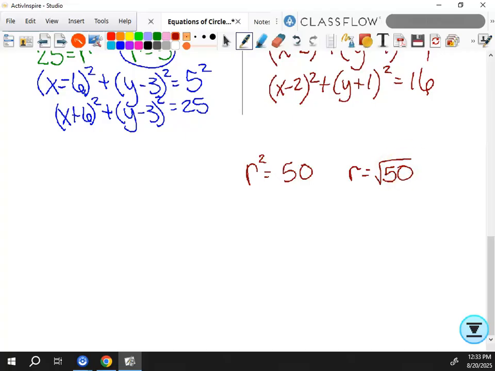Now, can I simplify that? Yes. But do I need to? No, because I'm about to put it right back in something and figure out what r squared is, right? And if I square this, the square root of 50 squared is just 50. So you're going to get some square roots. Don't overthink it. Don't make it harder than it is just because it's a square root, okay? And when you get to those questions, if you're unsure about yourself, you let me know.